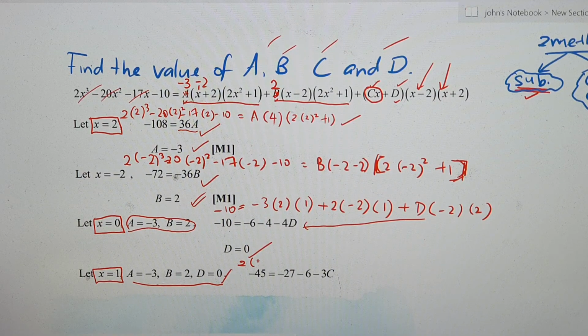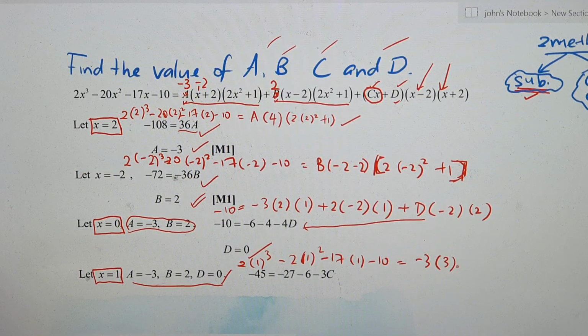Sub x equals to 1 into here on the left side. Then on the right side, all those things that you know, you sub in. You can immediately write 3 if you are very sure that your mental calculation is correct. But if you are not sure, then you press calculator.